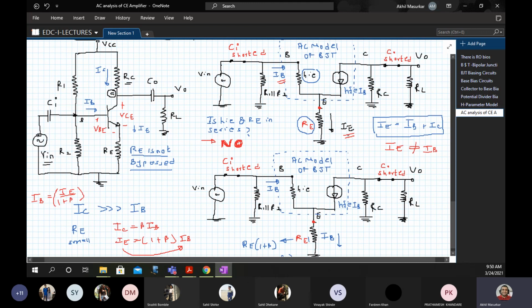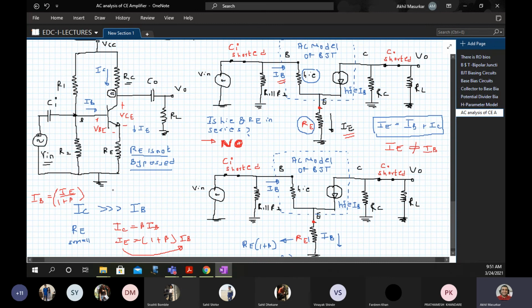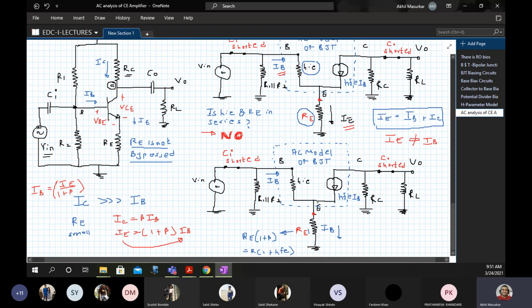So initially a higher current is flowing. Now I want to reduce the current by 1 plus beta. So if I want to reduce the current flowing through the resistance by 1 plus beta or 1 plus HFE, then I will have to increase the value of RE from RE to RE into 1 plus HFE.